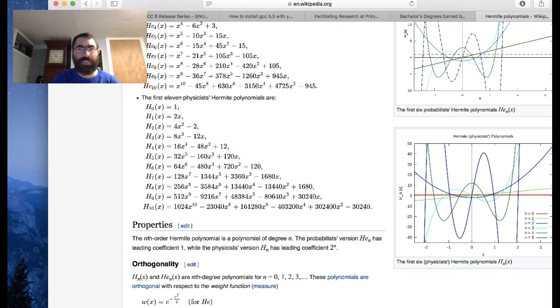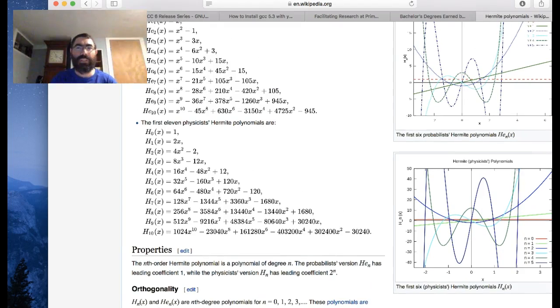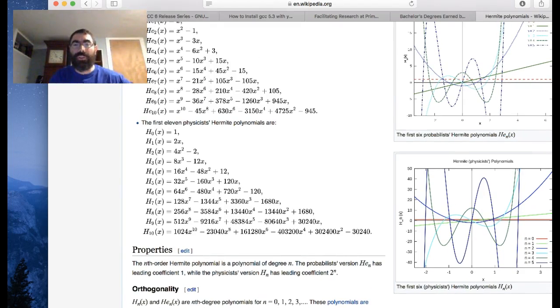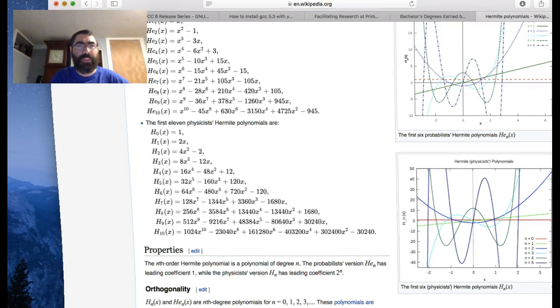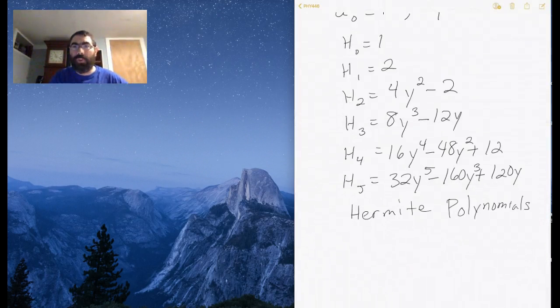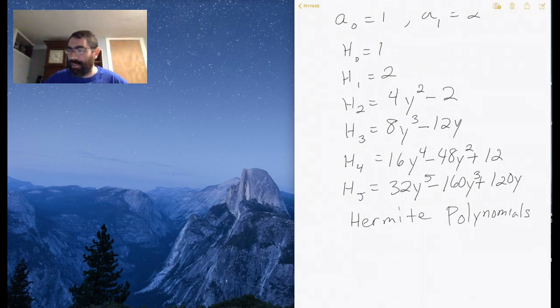Again, setting h0 to 1 and h1, the a1 coefficient, is 2, and then you can work out all these cases, and you keep going forever and ever, depending on what index value you want to use. So actually, I made a mistake up here. That first order polynomial is 2y.